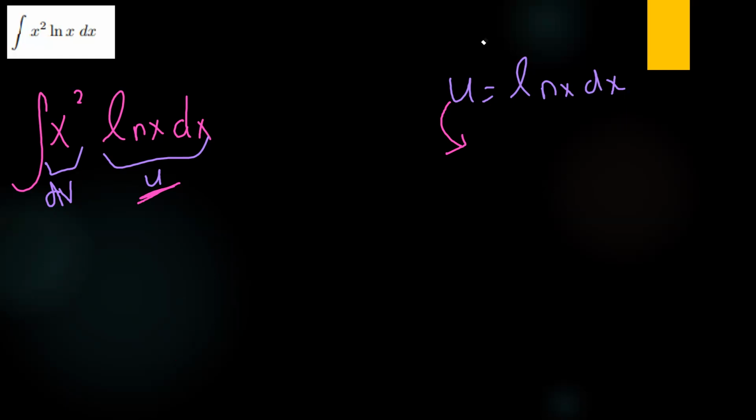So if u is ln x, then du will be 1 over x dx.